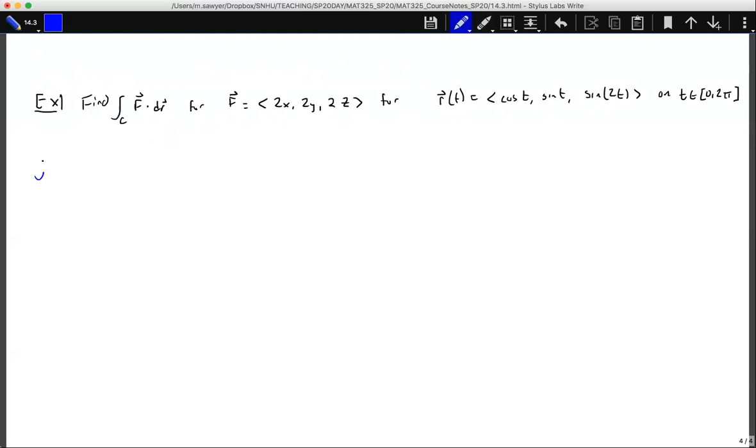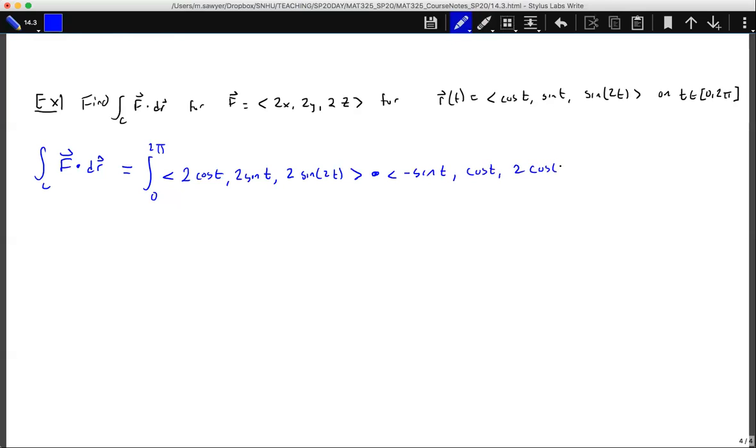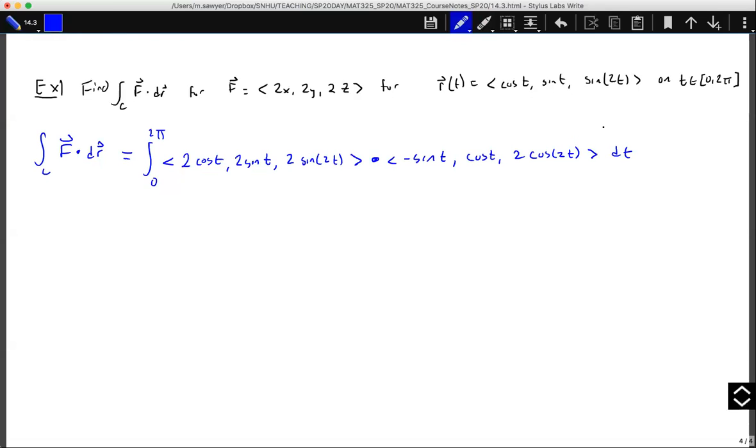So we could do this as the integral of F dot dr. We could easily evaluate this as the integral from 0 to 2 pi of 2 cosine of t, 2 sine of t, 2 sine of 2t, dotted with negative sine of t, cosine of t, 2 cosine of 2t, dt. This is using the definition of the line integral over the vector field along the curve C.